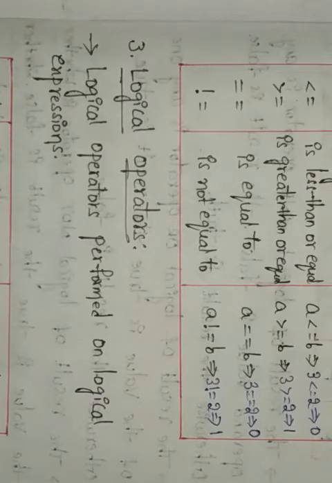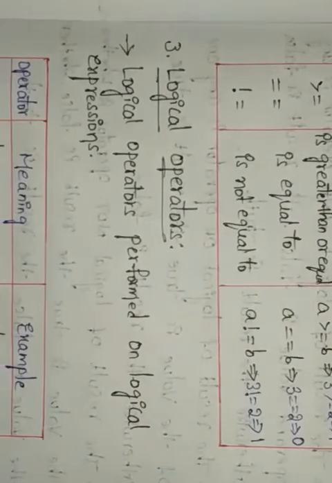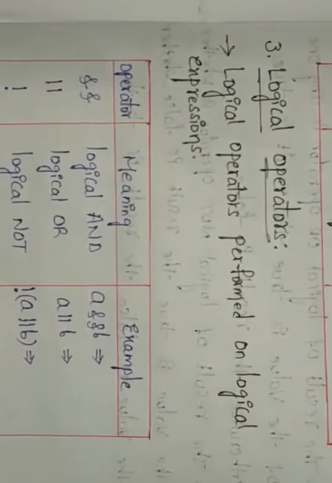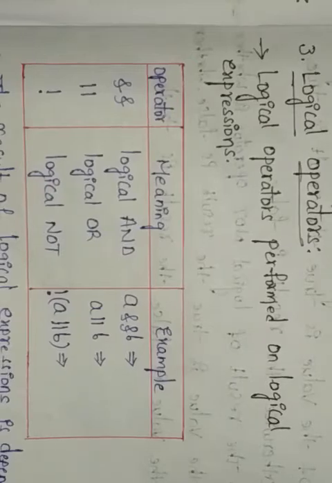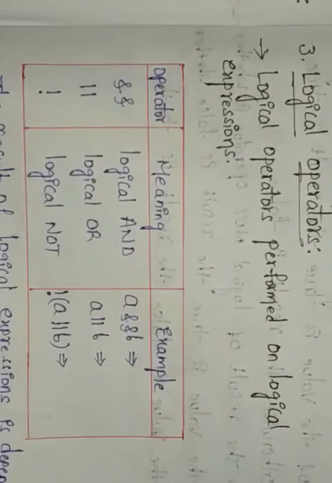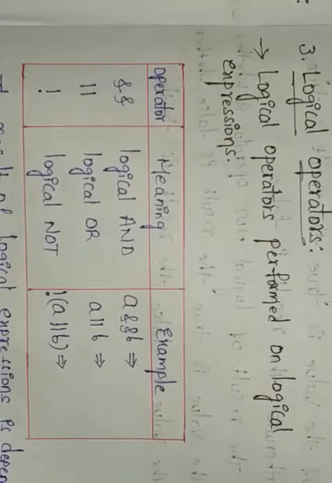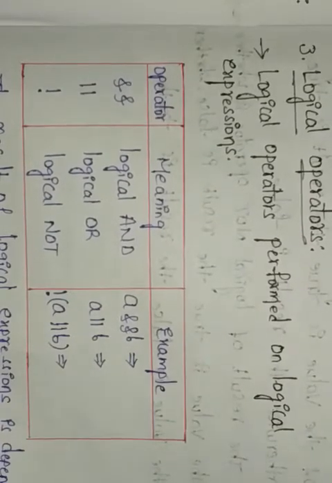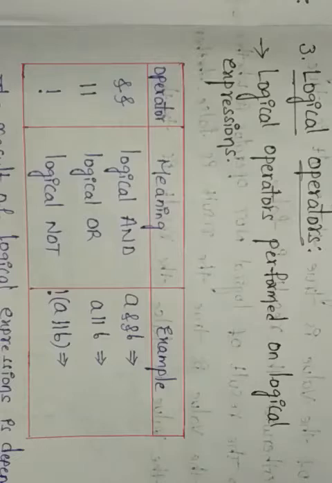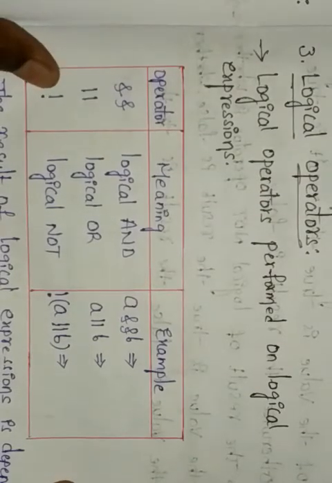We have three types: the logical AND operator, the logical OR operator, and the logical NOT operator. If you are giving two values, these all depend on the truth table.